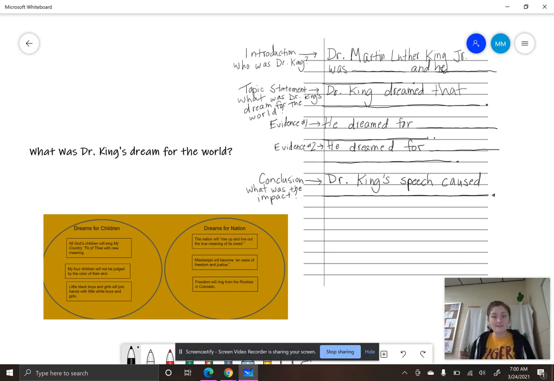Your topic statement. Your topic statement is Dr. King dreamed that blank. What was his dream for the world? Evidence number 1. You are telling me a dream that he had for children. He dreamed for blank. Use our chart to help you use that evidence. Evidence sentence number 2.